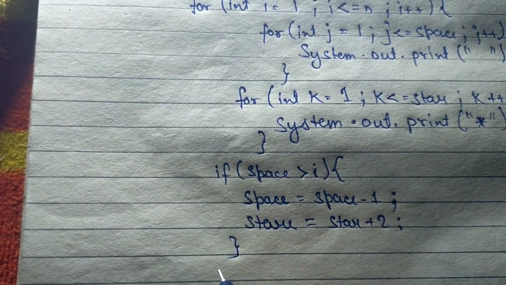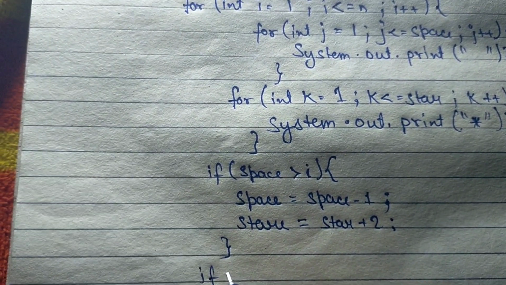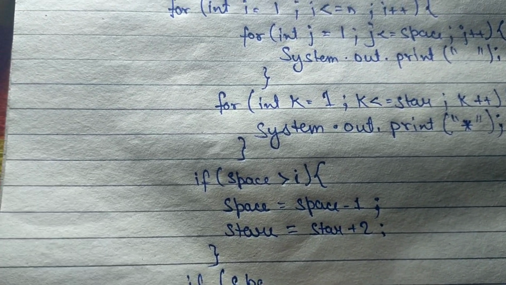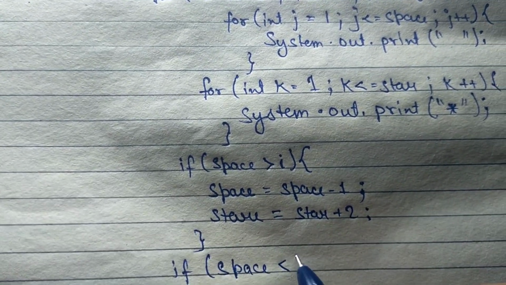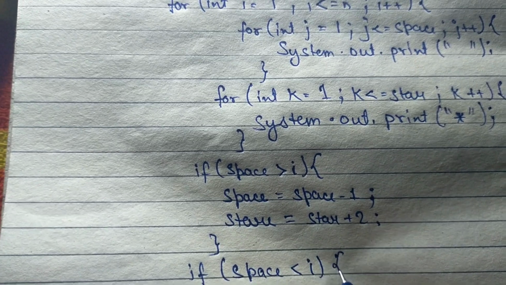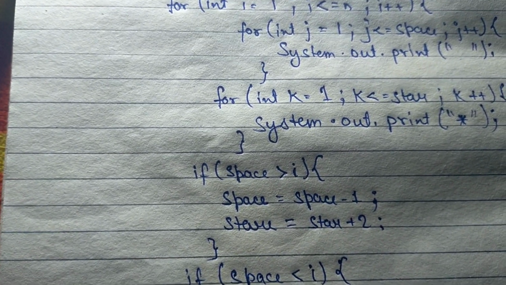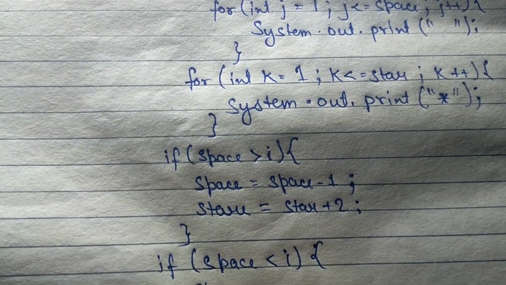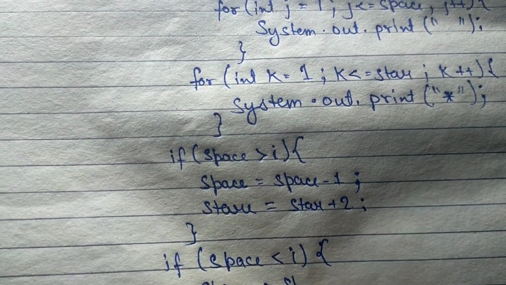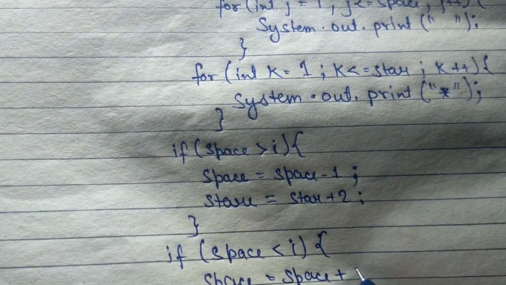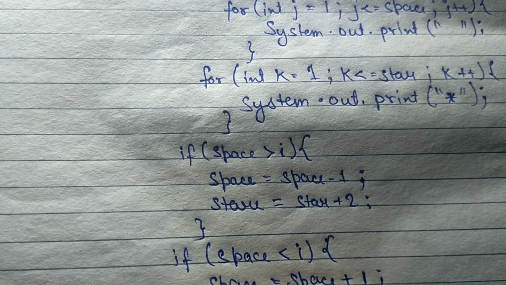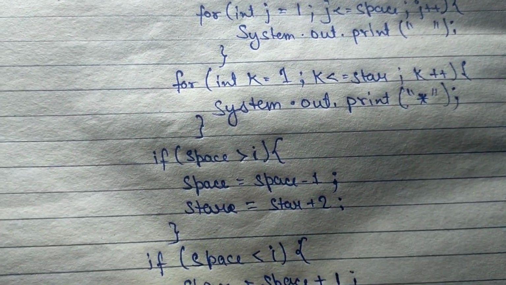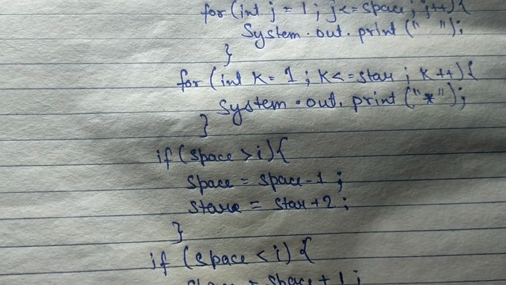After that, if space is less than i, then what happens? We are increasing the space but decreasing the stars. Space equals space plus 1, and we are decreasing the star: star equals star minus 2.